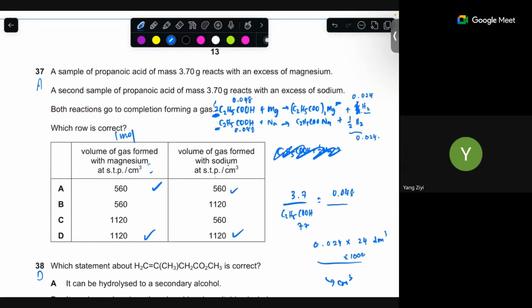So the mole is 0.05. Times by 24, what do you get? 0.6.